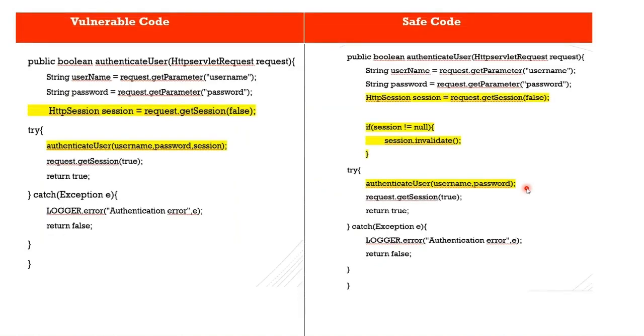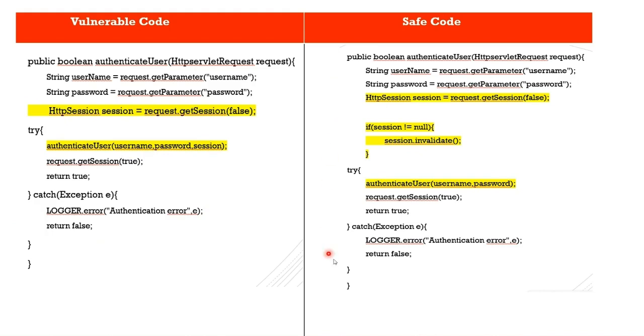Now let's compare the code. See here the vulnerable code: getting the username, getting the password, creating a session object, and since this is a vulnerable application, the same session is used. They are not going to validate the session. The same session will be used. They are only authenticating the username and password, and allowing access to the application.